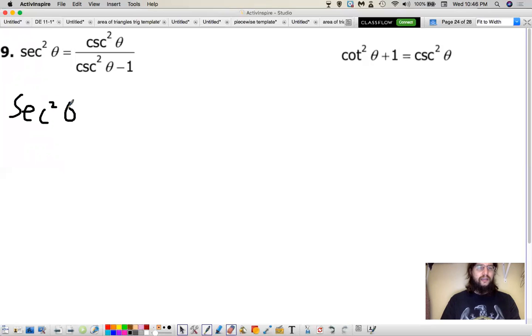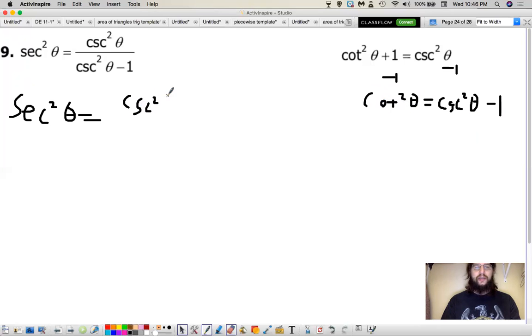Secant theta is equal to, rearrange this. I just did this. It's so familiar. Don't go crazy while you're proving things like this. So yeah, that's cotangent squared theta.